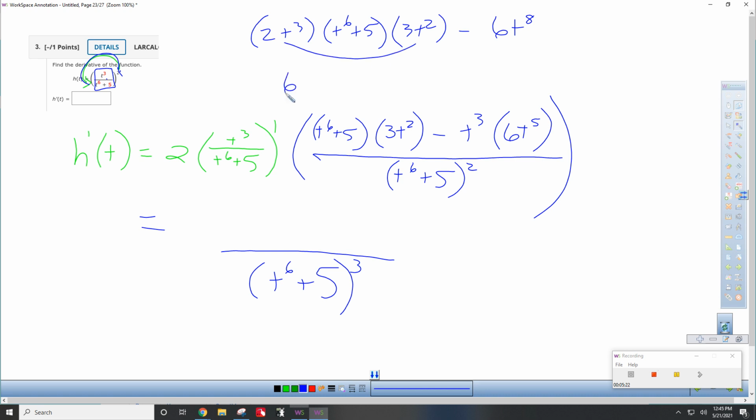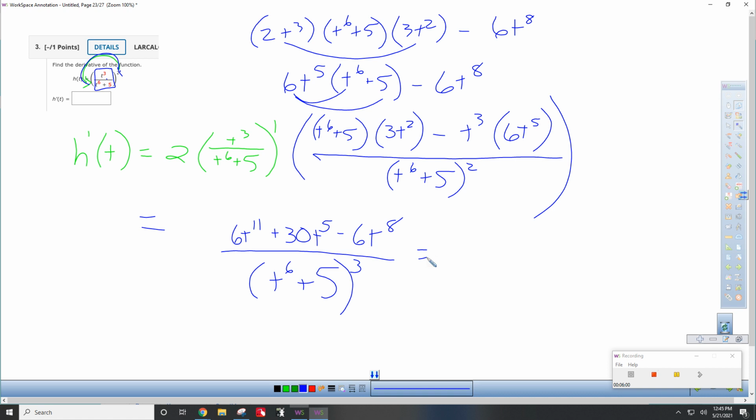Let's multiply them. 6t to the 5th times t to the 6th plus 5 minus 6t to the 8th. This is where I don't know how they want me to do this. So let's keep going. Let's distribute. So 6t to the 11th plus 30t to the 5th. So that's that, and then minus 6t to the 8th.